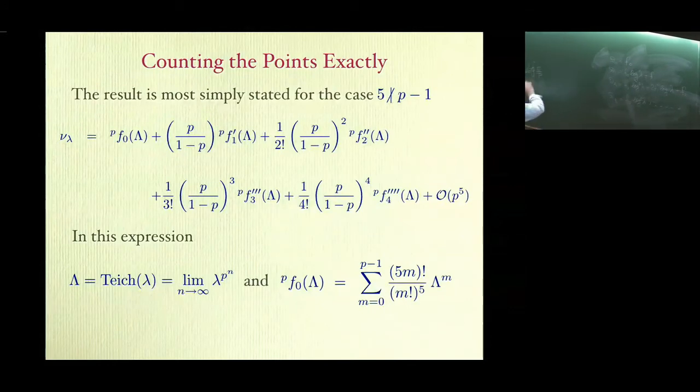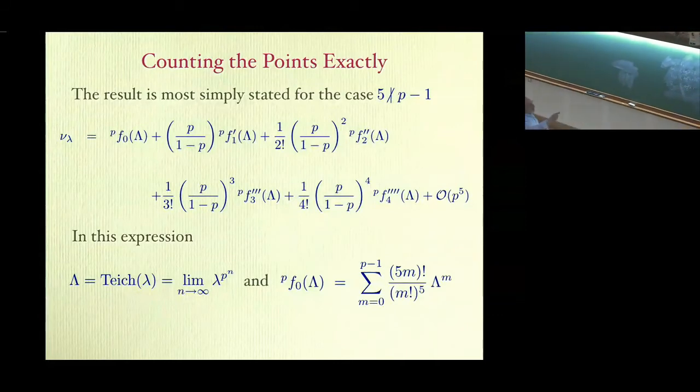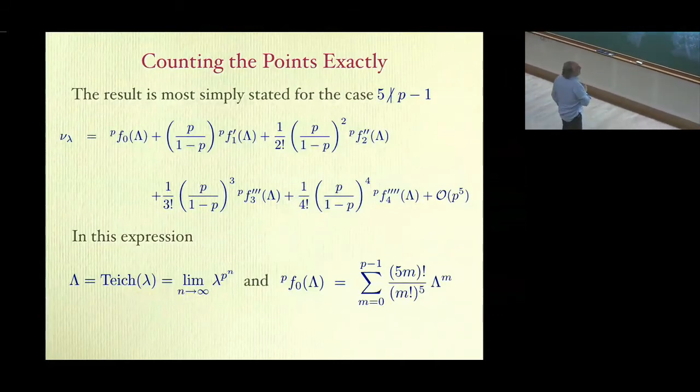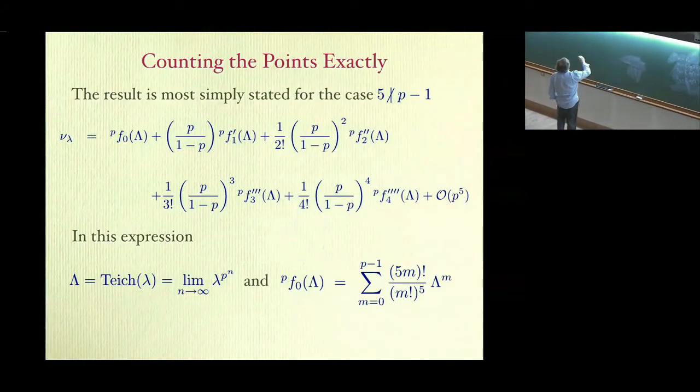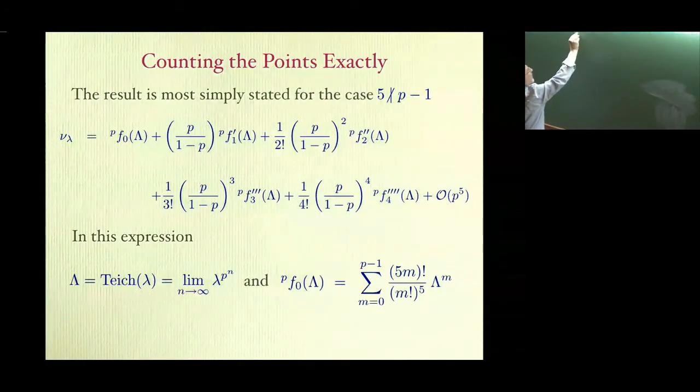And if you carry on, what you find, and the first result isn't really right, it's simplified a bit. So let's deal with the case that 5 does not divide p minus 1. That's easier. There are lots of times in which 5 doesn't divide p minus 1.